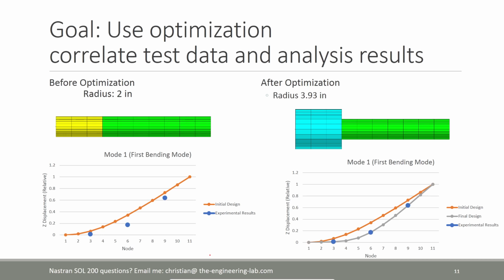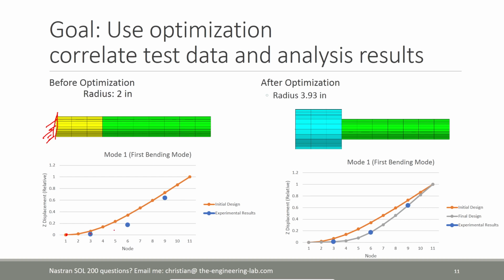So let's talk about the goal. To start off with, I have this cantilever beam that you see here. You can imagine it's fixed on one end and free on the other. I have gone ahead and performed a natural frequency analysis on this, and I found out that the first bending mode is off from experimental tests. So here in orange, you can see this is the first bending mode of this cantilever beam. You can see here at node 1, there's no displacement for the mode, so this makes sense since it's fixed.